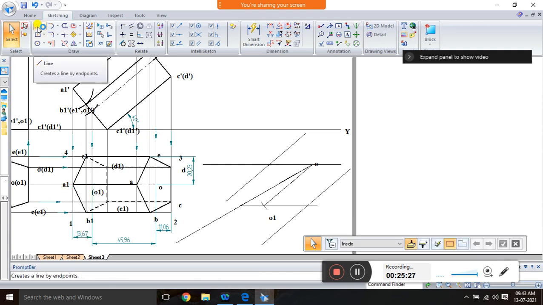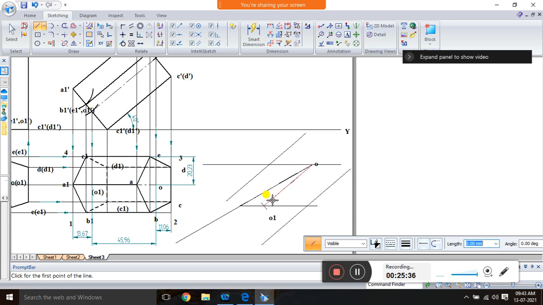So use the line. From here you just extend this up to 13.67, like that you have to extend the line. From here, parallel, you have to extend 11.06. With the help of your scale you just extend. Next you have to draw the vertical line.